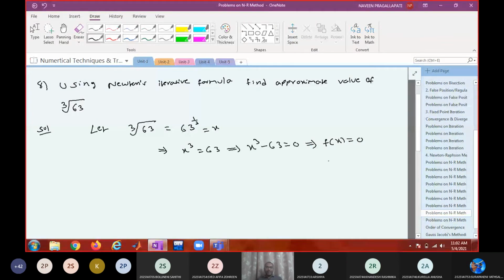So assume f of x equal to x cube minus 63. This implies f dash of x is equal to 3x square.